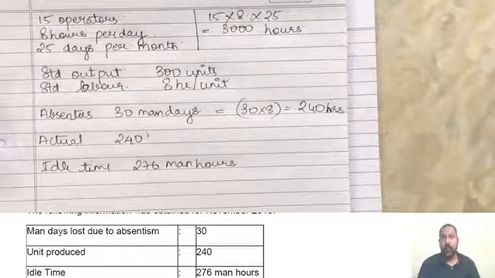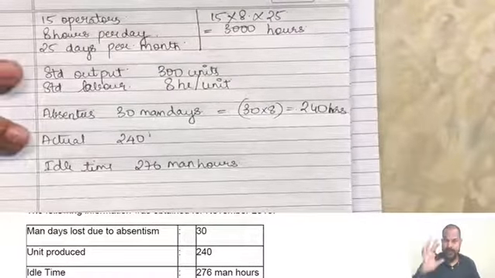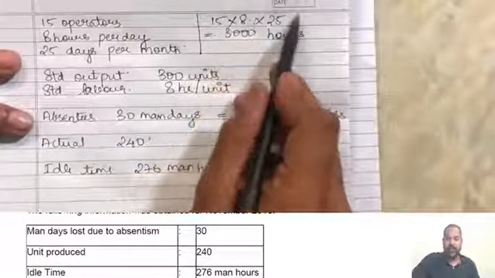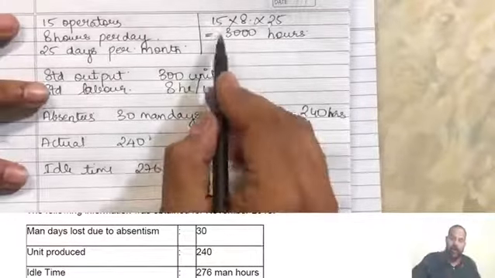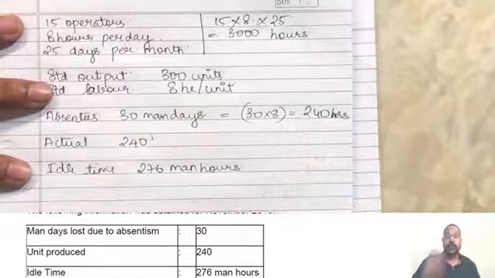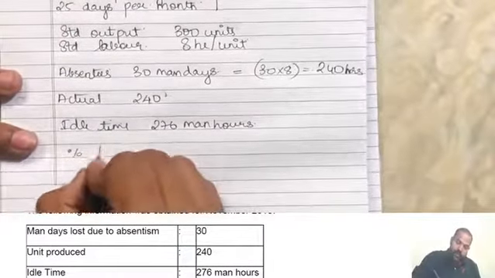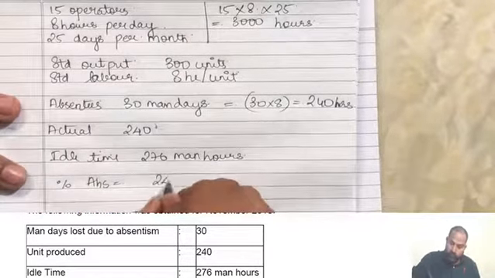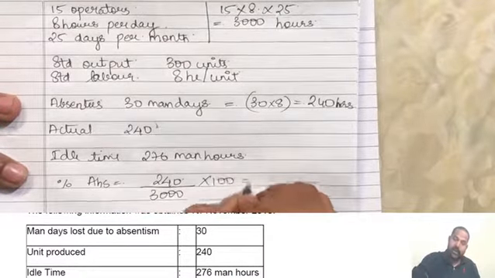Question number 1. What is the percentage of absentees? Well, see, I have employed 15 people for 8 hours for 25 days. I am expecting an output of 3000 hours in total. But out of which 240 hours you are absent. So the percentage of absentees is 240 out of a total of 3000 into 100.